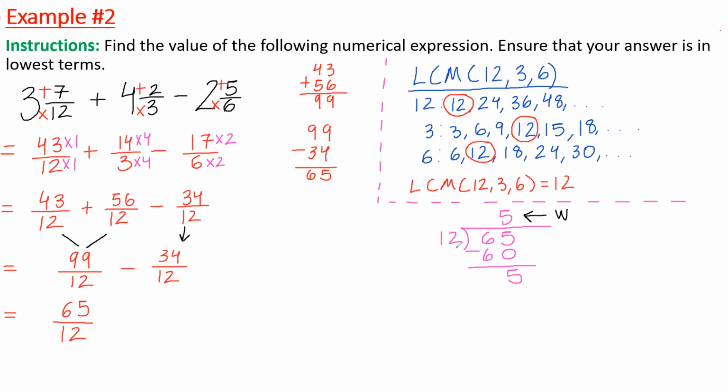The denominator is going to be 12, and the numerator is going to be what? 5. And so what that means is that our answer is going to be equal to 5 and 5 over 12. And that's how we got our answer.